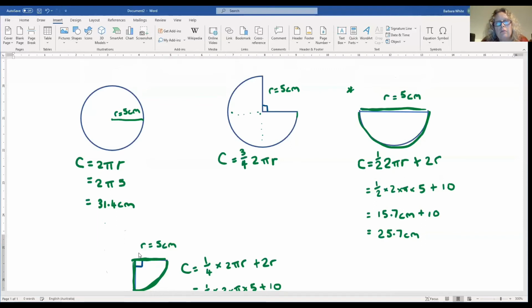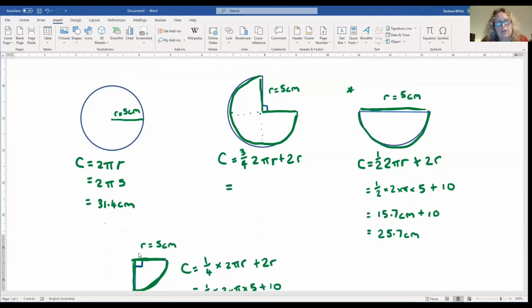Now, if you don't know how to multiply something by 3/4, you multiply it by 3, and then you divide that answer by 4. So 3/4 of the circumference gets you all of that round curvy bit, and then you have to add the radius and add the radius, plus 2 radiuses.